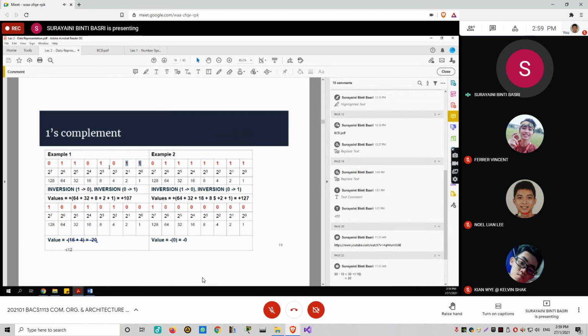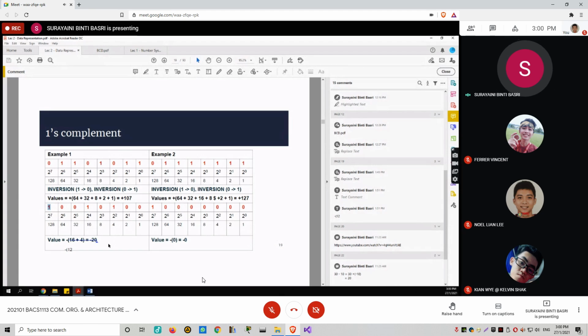So this one becomes 0, this one becomes 0, this 0 becomes 1, and then 1 becomes 0, 0 becomes 1, 0, 1 becomes 0, 1 becomes 0, and this is representing the sign, which is negative.